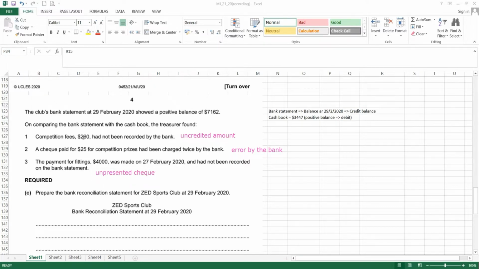Okay. So these three pieces of information, we are clear with them. They show us that we must adjust in the bank reconciliation statement. And the question says, prepare the bank reconciliation, but they didn't tell us whether to start from the bank statement or the cash book. So you have two options. So I start with the cash book first.